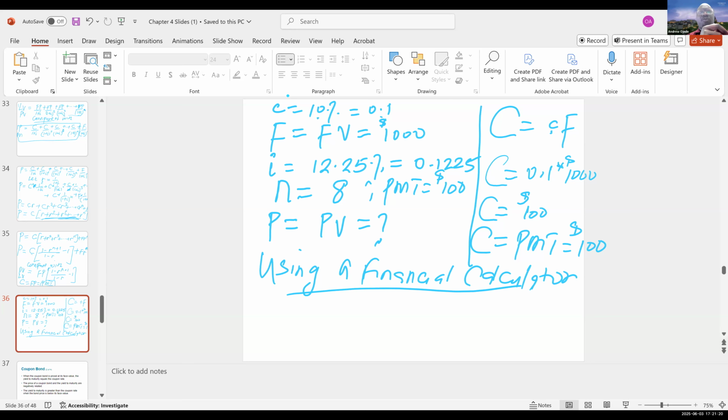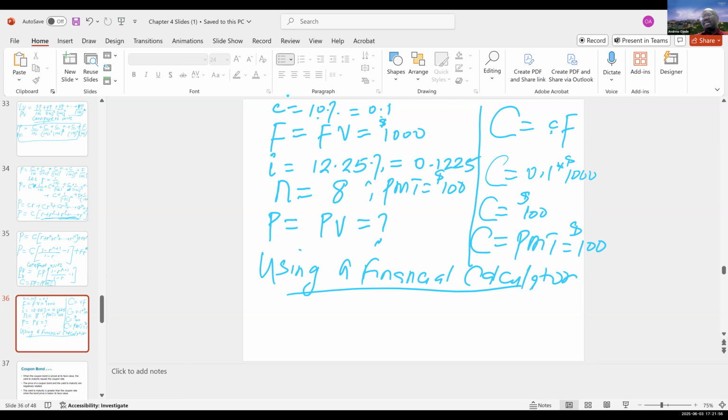Then the interest rate is 12.25%, so I enter 12.25, interest rate, then enter. It records it. Then N is 8, so 8, then N, enter. Then payment, PMT, that's $100. Enter 100, then PMT, then enter. And then what we are computing for, the only unknown now, is PV, present value. So I'm going to press compute PV.